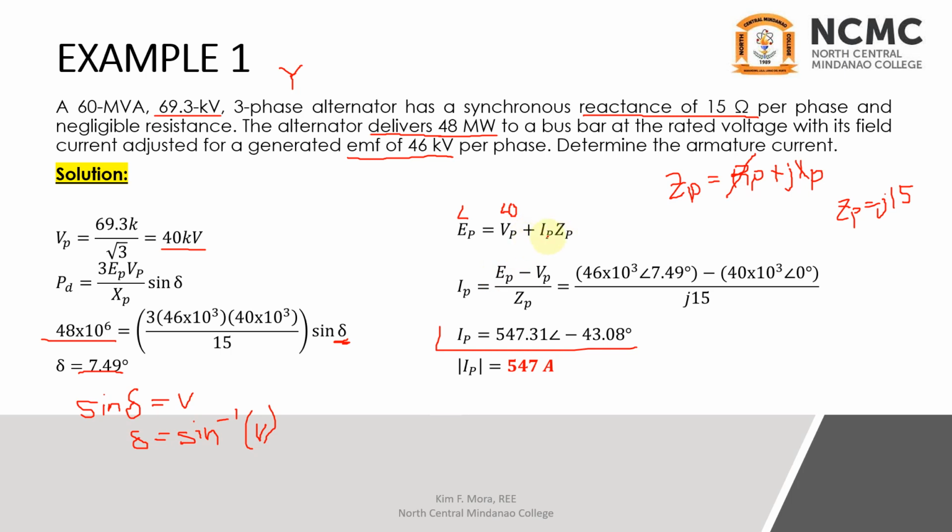So manipulating this formula, EP is equal to VP plus IP ZP. First transfer VP to the other side, so it becomes negative VP.